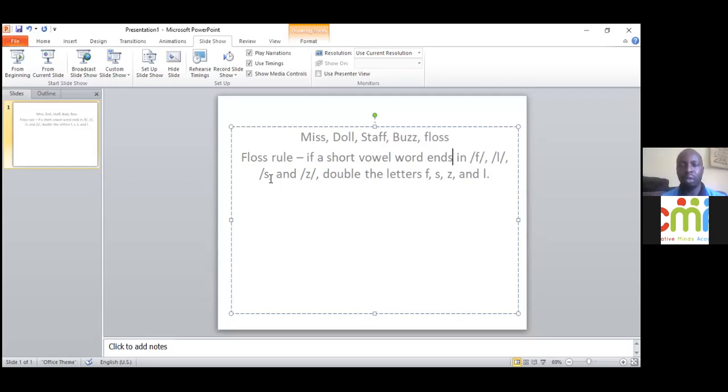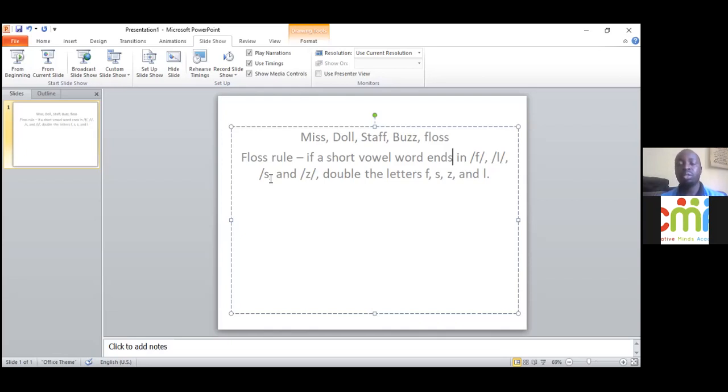So if you look at a word like miss, you cannot write it as M-I-S. Why? It's because it has the short vowel sound i, and since this word has only one syllable, we have to double the letter at the end, letter S, which is making the sound s. That's why you see words like grass, boss, miss, floss, and all the others.